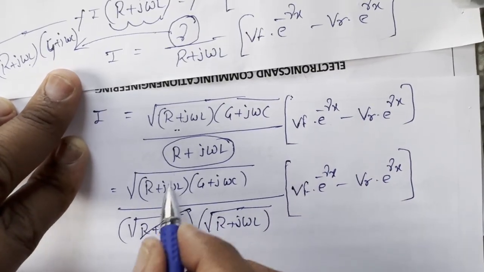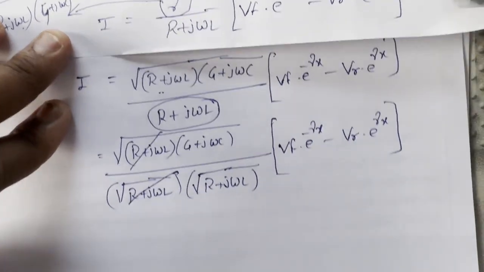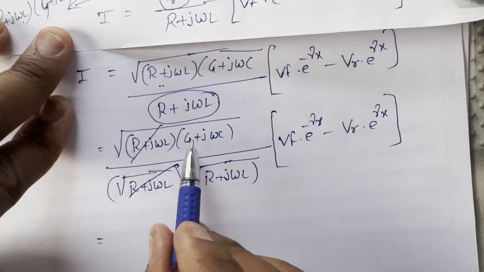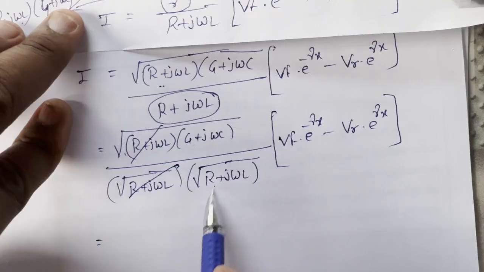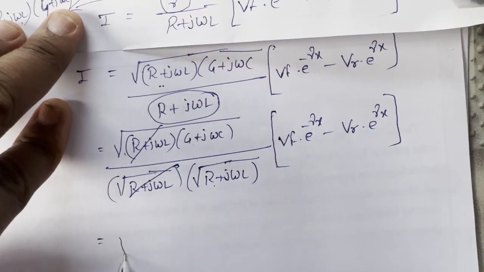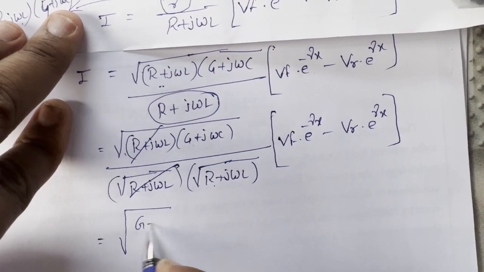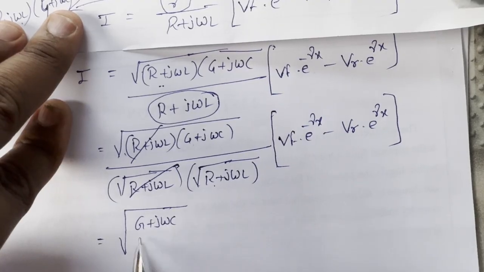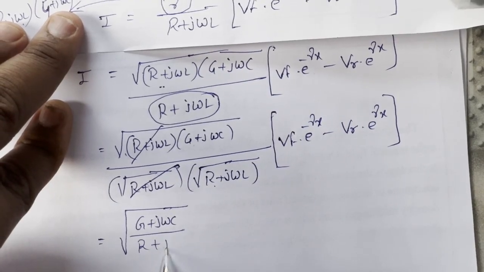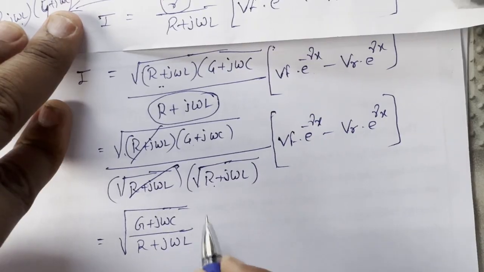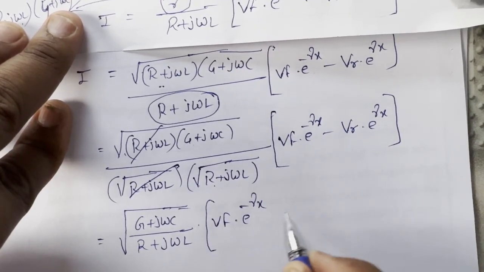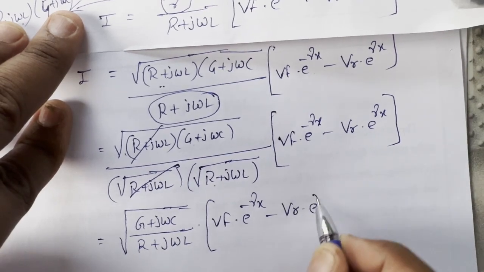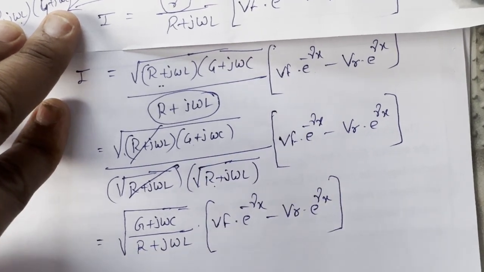Here this one will get cancelled. Then we are having square root of g plus j omega c by square root of r plus j omega l. Then the square root of (g plus j omega c) by (r plus j omega l) into Vf into e power minus gamma x minus Vr into e power gamma x.